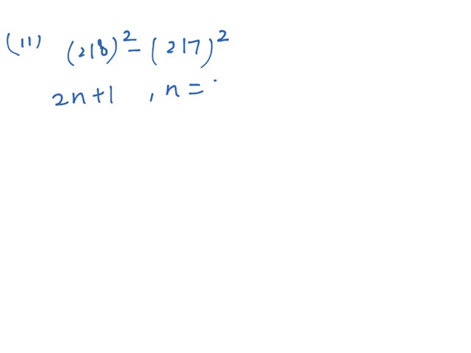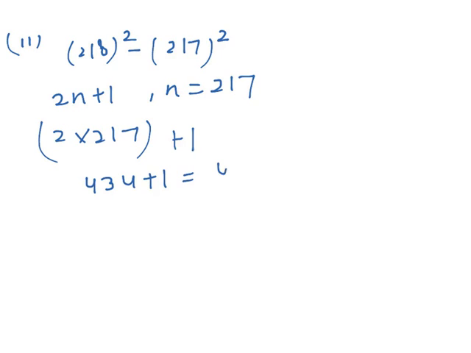Here n is equal to 217. So 2 times 217 plus 1. 217 times 2 will give 434 plus 1, that will give 435. So this is the way we use the properties that we already discussed.